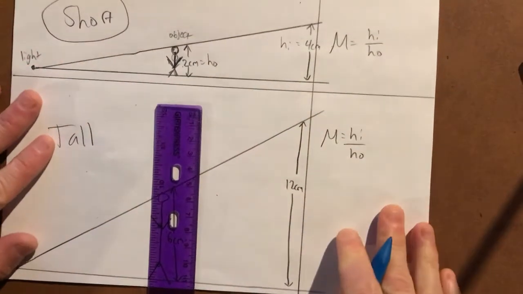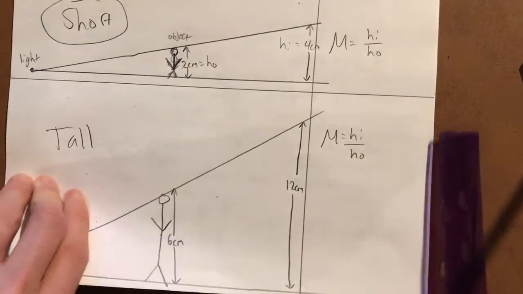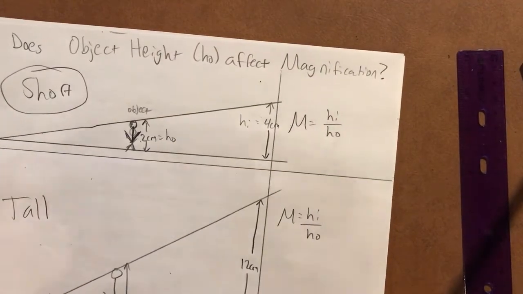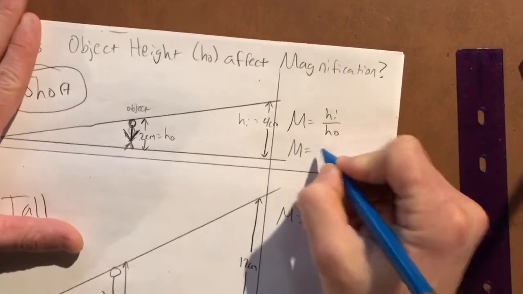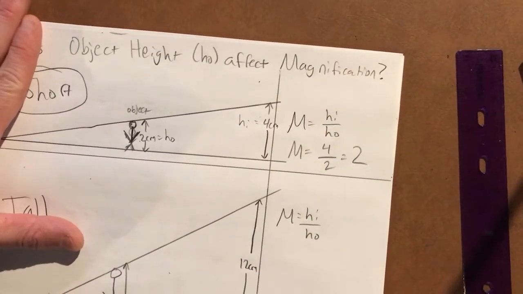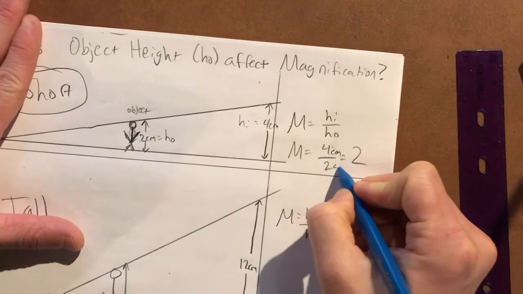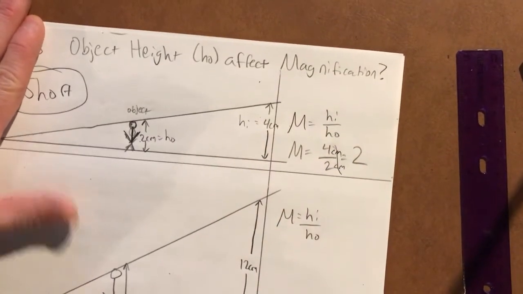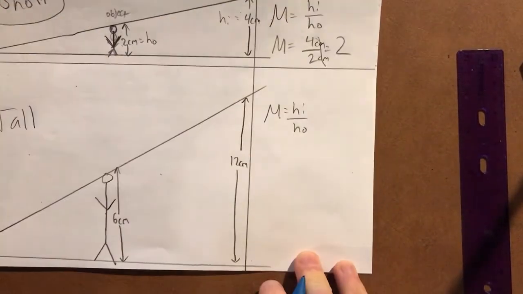So let's calculate magnification for each person. The short person first. HI is 4, HO is 2. When you divide those, you get a magnification of 2. I should write centimeters. Centimeters cancels out, and there is no unit for magnification.